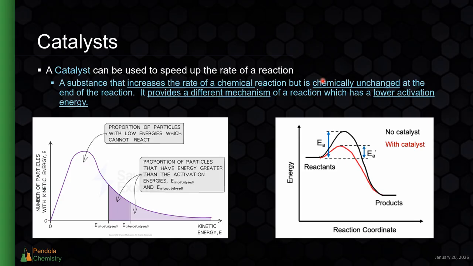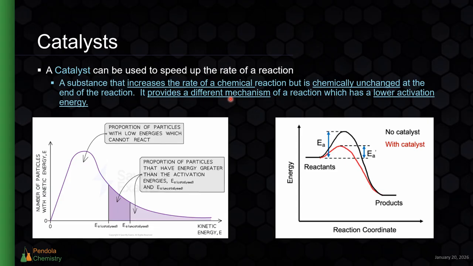It does not actually change the catalyst itself, but the presence of the catalyst is going to speed up the reaction. It provides a different mechanism for the reaction to happen. The mechanism of the reaction is essentially how the reaction happens. In A-level chemistry, we'll go a lot more in depth into mechanisms, but for now, just know that it is the clockwork, the pieces of how the reaction itself occurs from reactants to products.